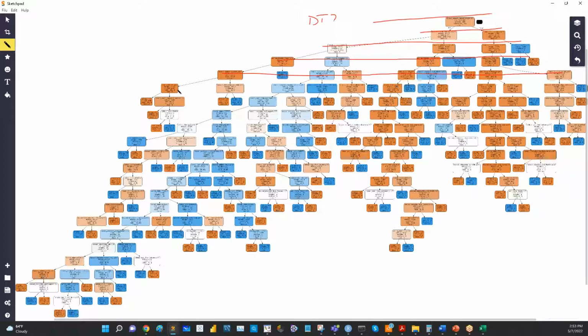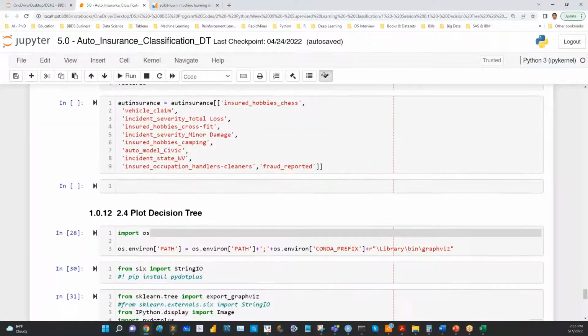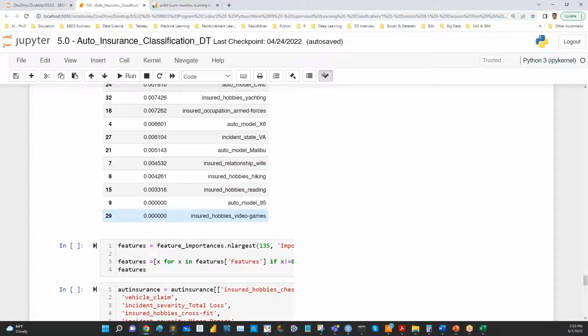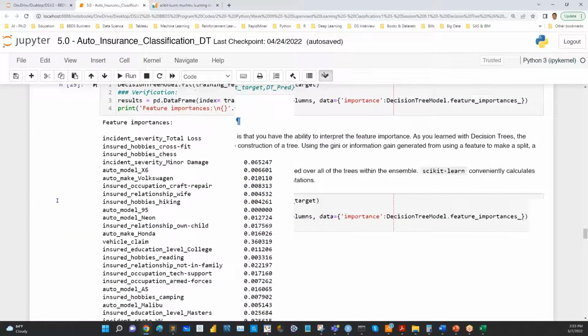This is 5, 6, 7, 8, and so on up to 18, etc. So we could stop at 1, 2, 3, 4, 5. Please do that. Let's remember, when we let this decision tree go all the way to the end, the accuracy was very bad.